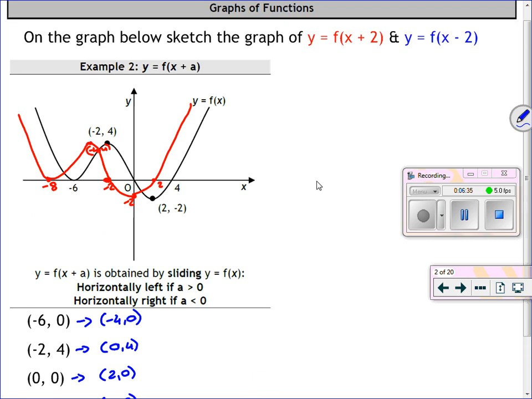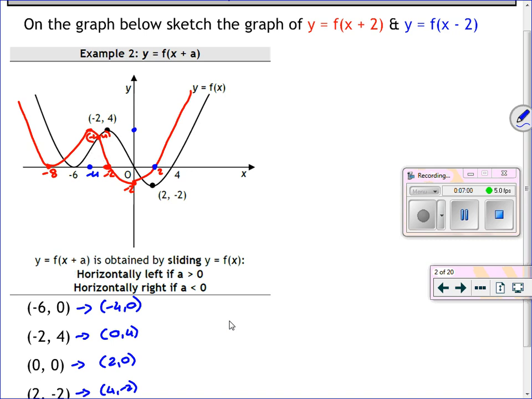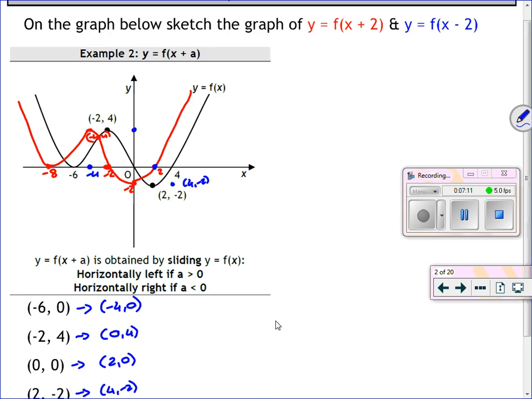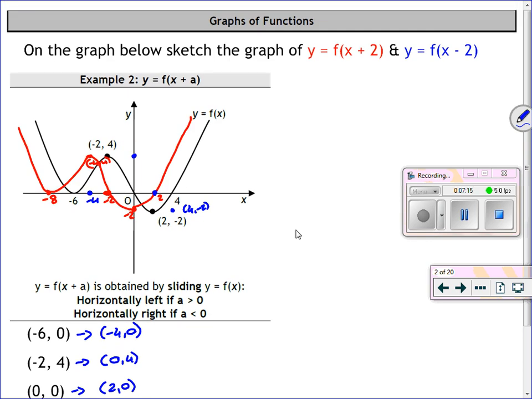And then let's just sketch those points. So minus 4, 0 is going to be here. 0, 4 is going to be here. 2, 0 is going to be here. 4, minus 2 is going to be here. And 6, 0 is going to be approximately here.